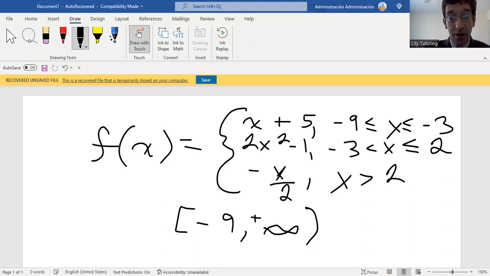So the other thing is, if you were to graph this, you can use the graph as an aid to find the range. You can find the range of each piece, and you can graph y equals f of x. If you graphed it all, you would have x plus 5, and then 2x squared is going to look sort of like a parabola, and then you'd have -x over 2.